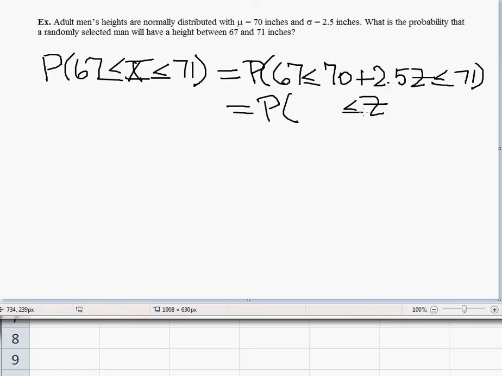And to isolate the z, I need to take 67 minus 70 divided by 2.5. And then on this side, 71 minus 70 divided by 2.5.